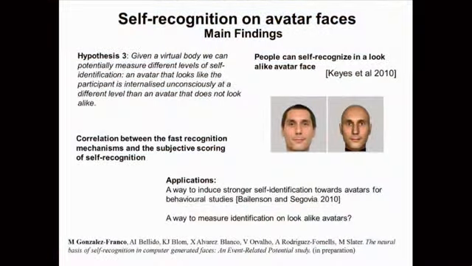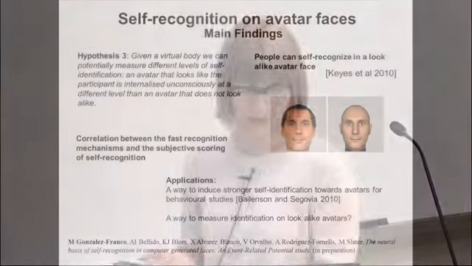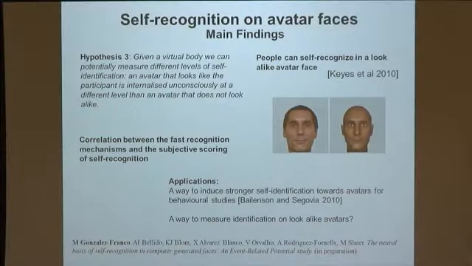And of course, this has many applications because maybe this way we can introduce a stronger self-identification towards avatars for behavioral studies, or maybe even measure the identification on lookalike avatars because, well, this looks like him to a degree, but maybe we could generate a better avatar and then we generate better. We could study the uncanny valley.